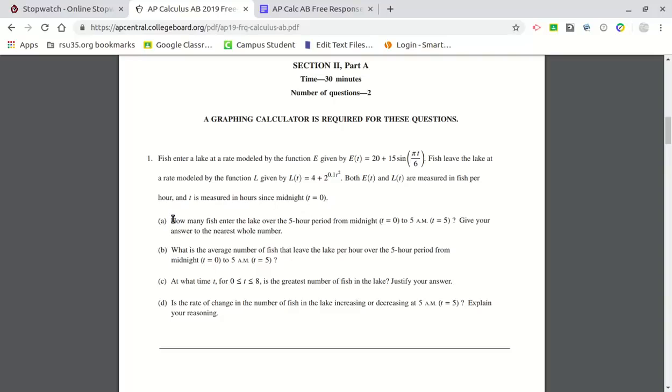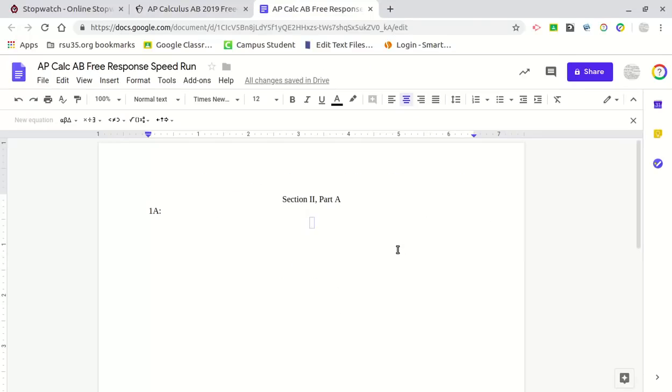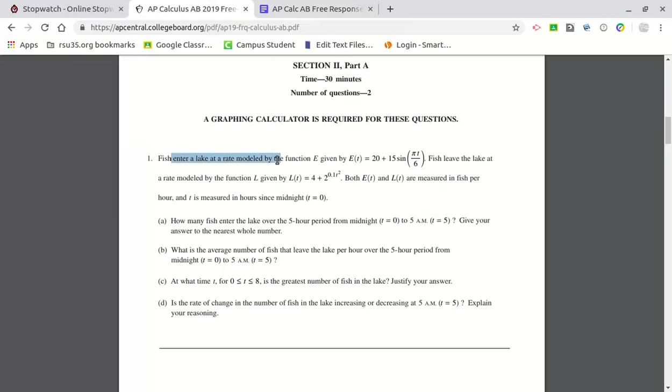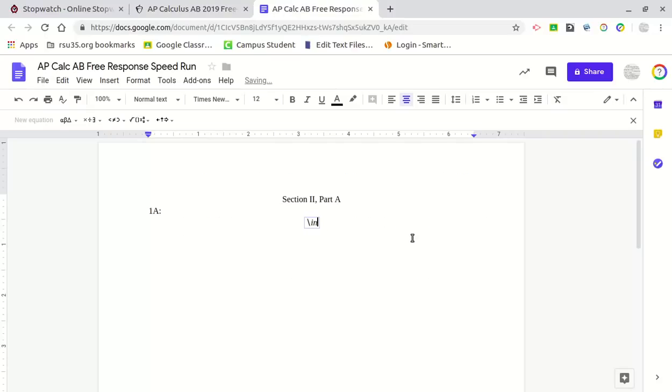How many fish enter the lake over the 5 hour period from midnight to 5 a.m.? Give your answer to the nearest whole number. So this is the rate at which fish enter the lake. So the integral from 0 to 5 of E of t dt is the integral from 0 to 5 of 20 plus 15 sine of pi t over 6 dt.